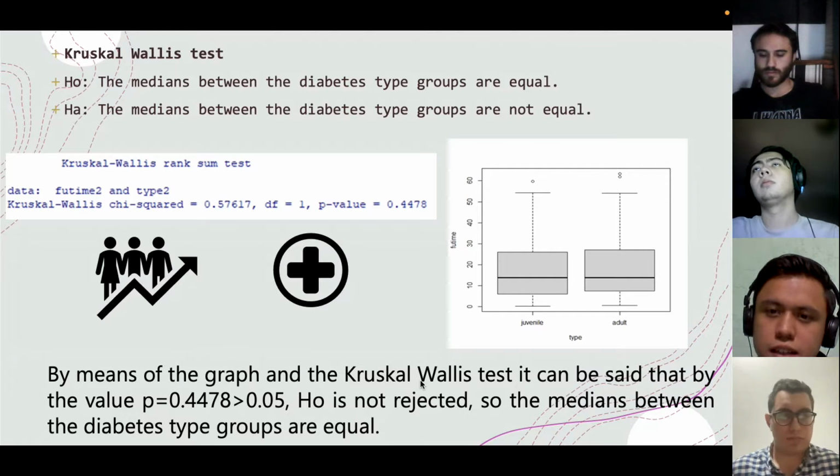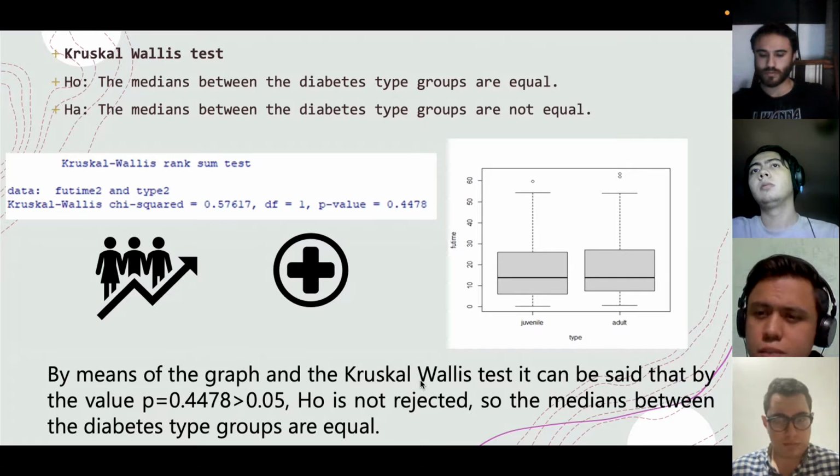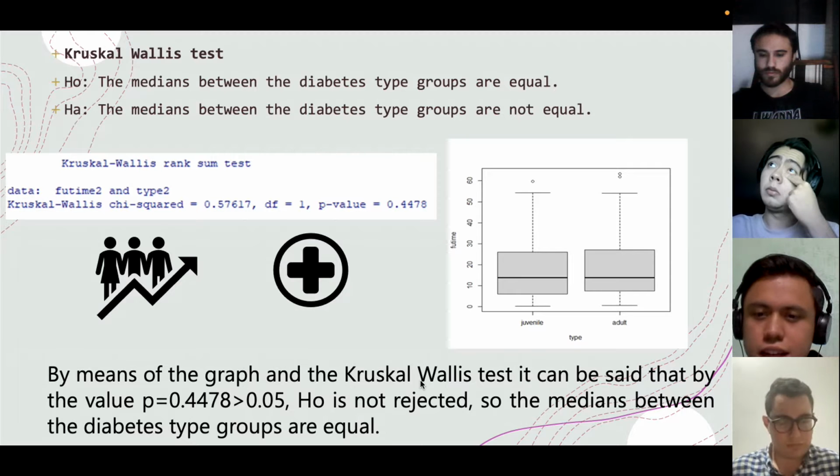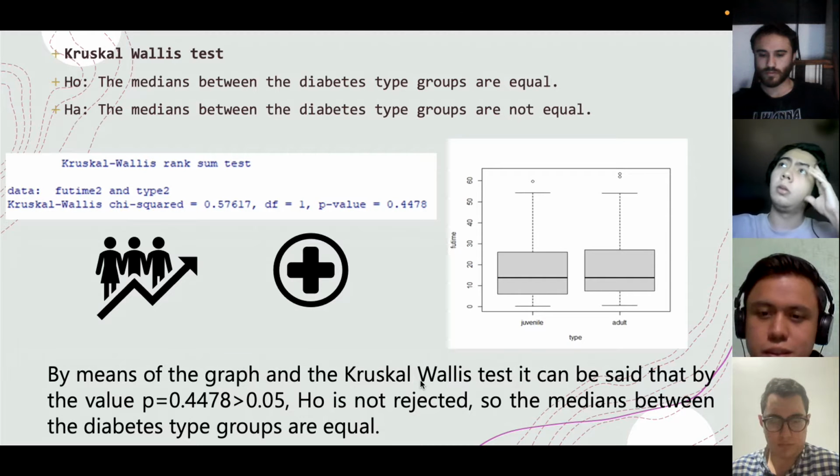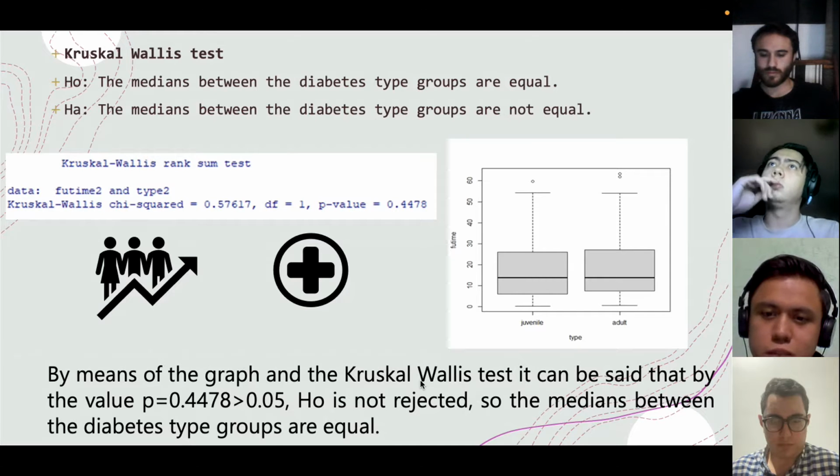By means of the graph and the Kruskal-Wallis rank sum test, it can be said that with a p-value of 0.4478, greater than 0.05, the null hypothesis is not rejected, so the medians between the diabetes type groups are equal.